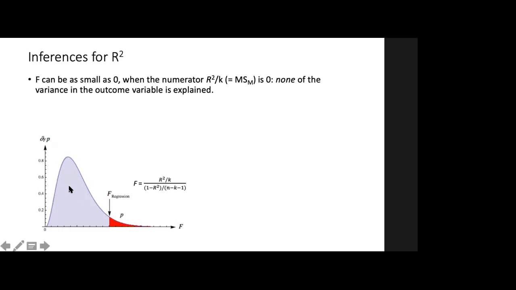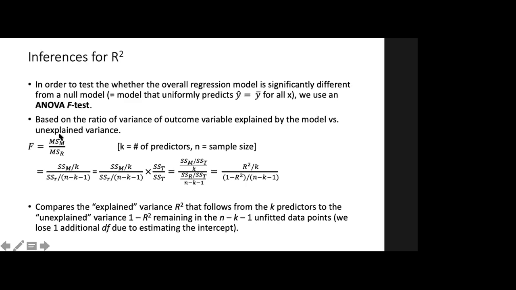The F distribution also depends on degrees of freedom, and other than for the T distribution, we do not have only 1 degrees of freedom value, but 2. We have 1 for the model sum of squares and 1 for the residual sum of squares: the degrees of freedom for the residual variability and the degrees of freedom for the model variability.